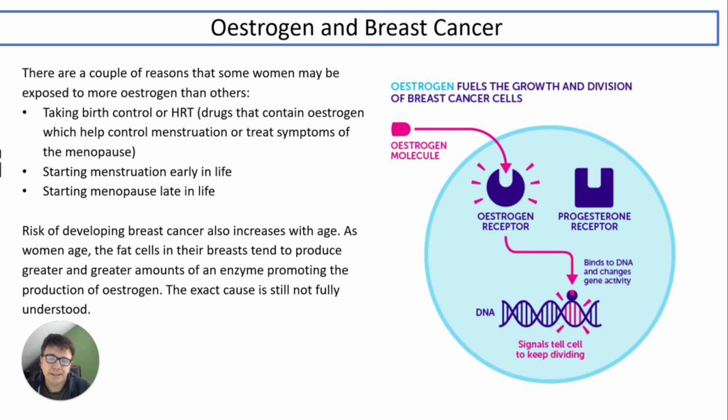That can also increase with age. Fat cells in the breast tend to produce greater and greater amounts of an enzyme promoting the production of estrogen. So the exact cause is still not fully understood. And I'm pretty sure if this is in an exam question, they will give you some data to analyze and evaluate.